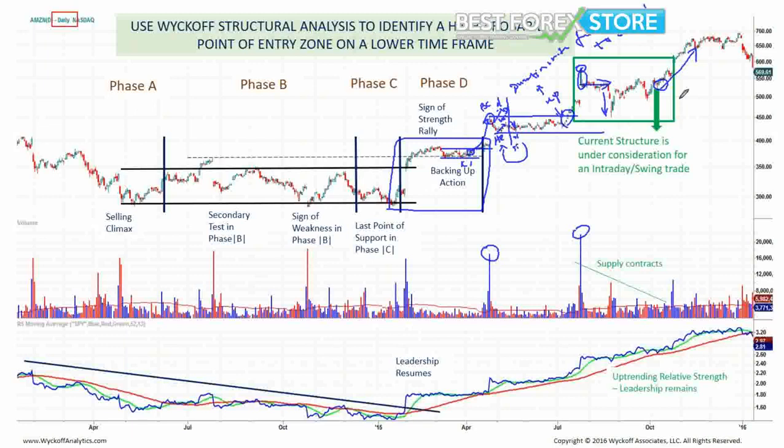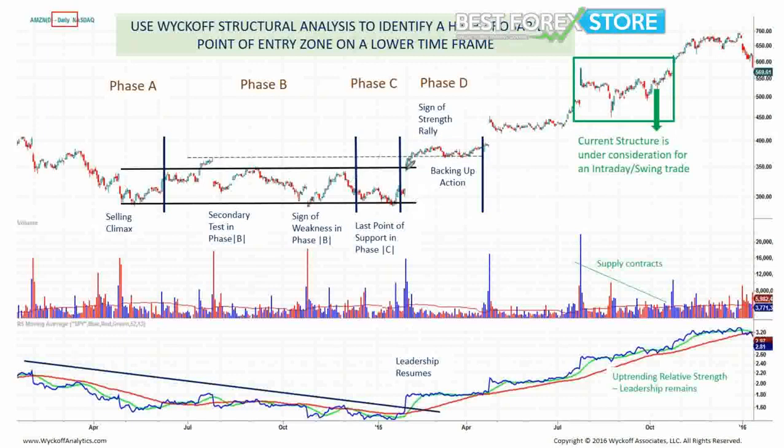So we can definitely see how this concept of being an all-around trader is more beneficial than just being a swing trader or a day trader. A swing trader would be concentrated on only these moves right here.